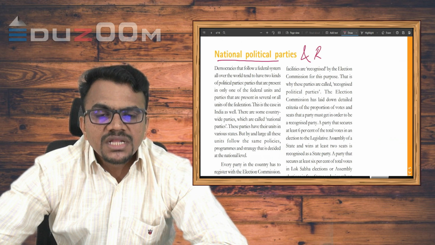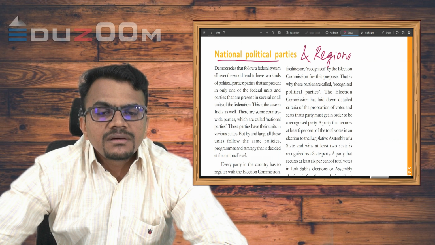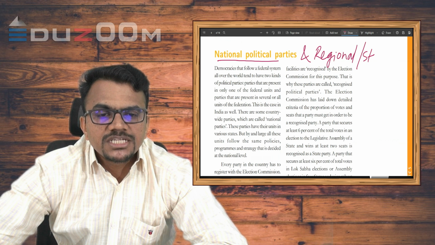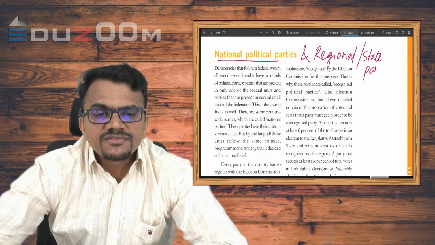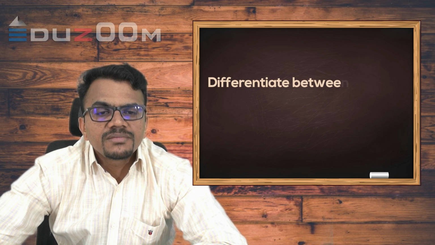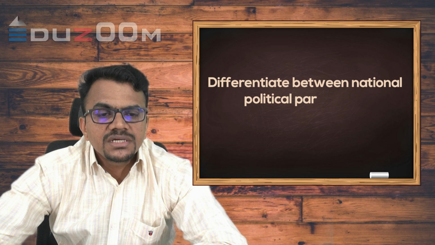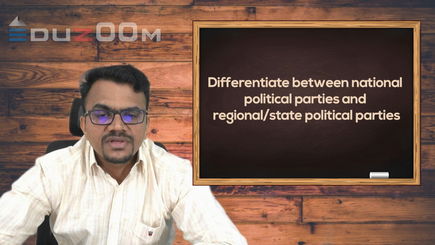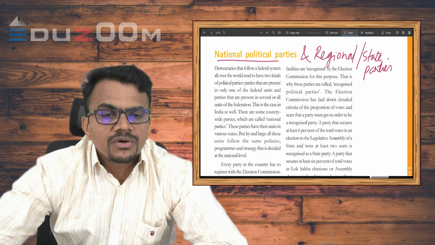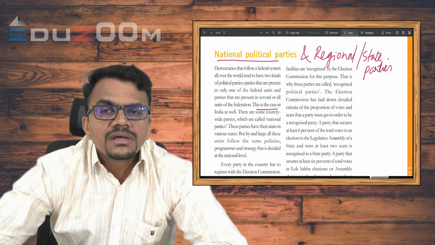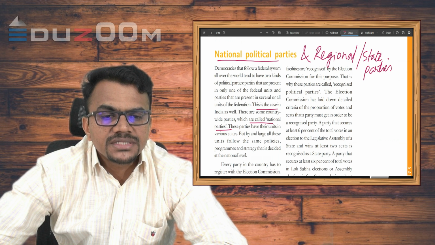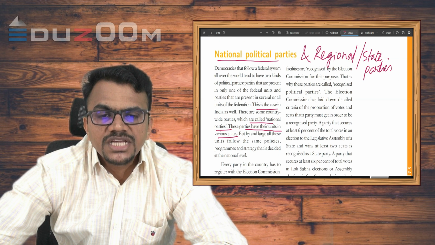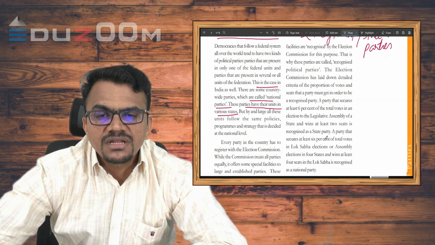Then about national political parties and regional political parties or state parties. So first of all, you must know what are national political parties. They are famous all over the country. They are also recognized political parties by Election Commission of India. They have their own participation in the Lok Sabha election. And state parties are regional parties.